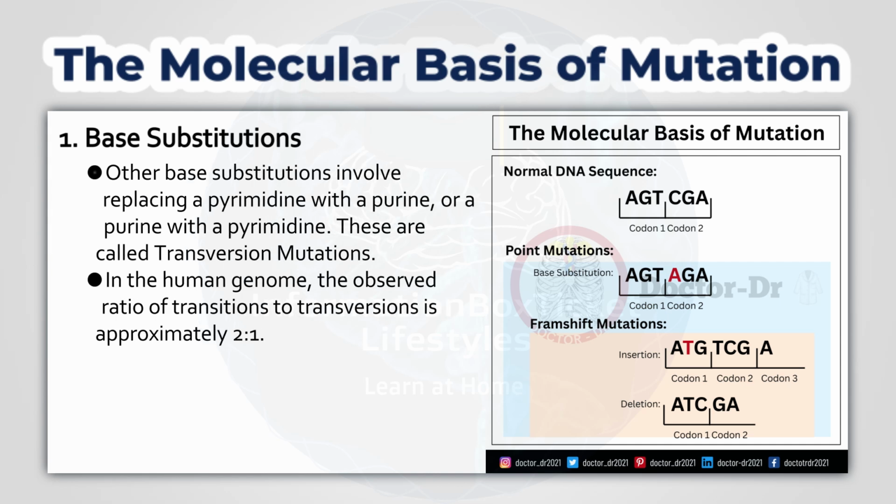For example, in a T to C substitution, a thymine (T) is replaced with a cytosine (C) in one strand of DNA. This substitution temporarily results in the formation of a mismatched C-A base pair. During the next round of replication, this transition mutation becomes permanently incorporated into the DNA sequence.